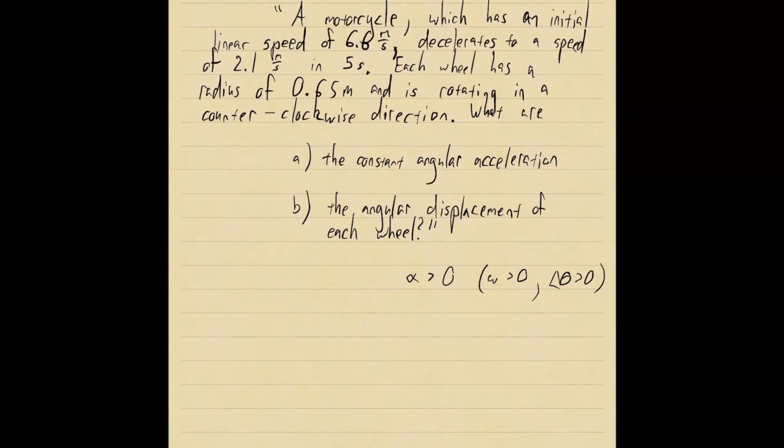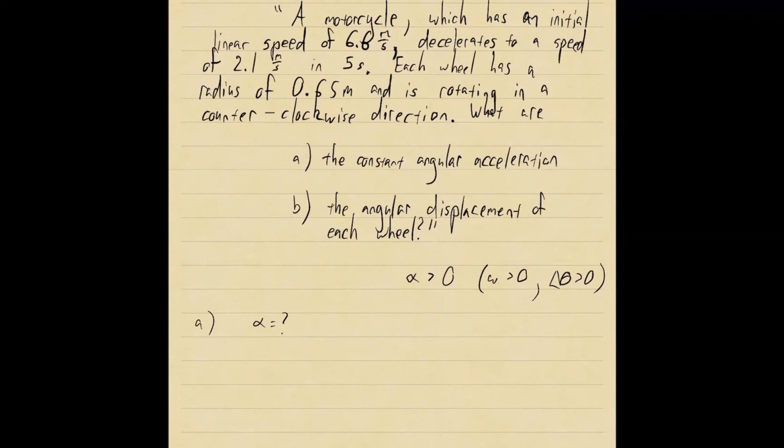Okay, so let's begin with part A. Part A is asking us to find the constant angular acceleration. But we got a bit of a problem because the problem only tells us stuff about this motorcycle linearly. It gives us linear velocities. But the good news is we know how to convert between linear stuff and angular stuff.